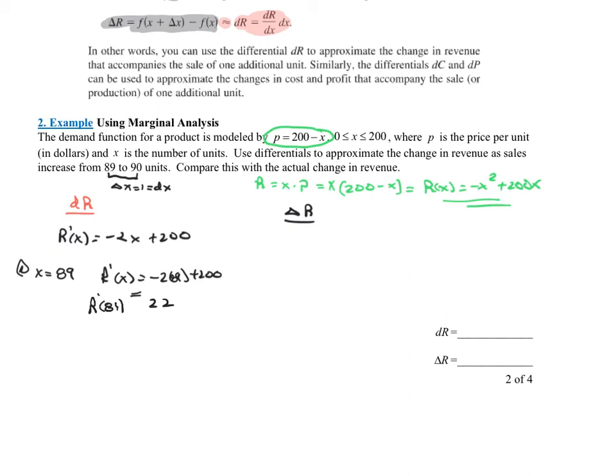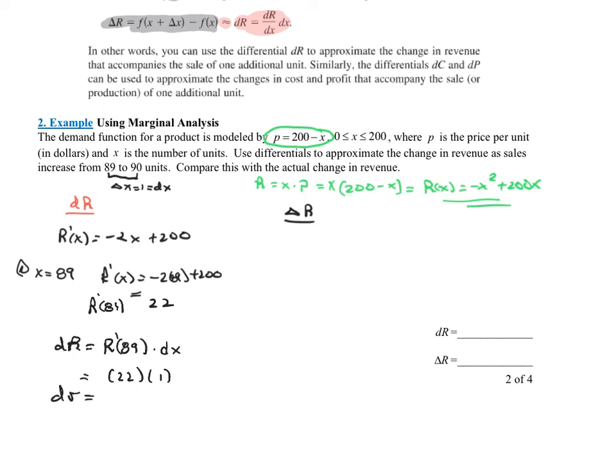And now we're going to use that to estimate what it would be for 90 units, the sale of that 90th unit. The way we find dr is we take r prime of 89, and we multiply that times the change in x. Here again, we're just estimating the 90th unit, so our dx is just 1. So we take r prime of 89, which was 22, and multiply that times dx, which is 1.